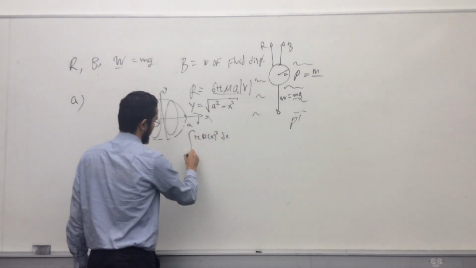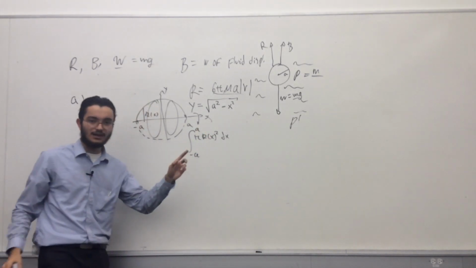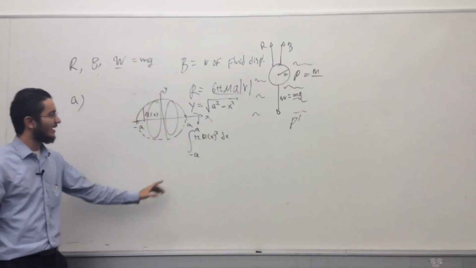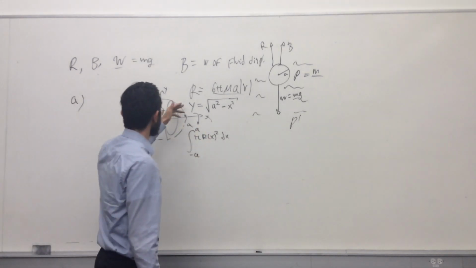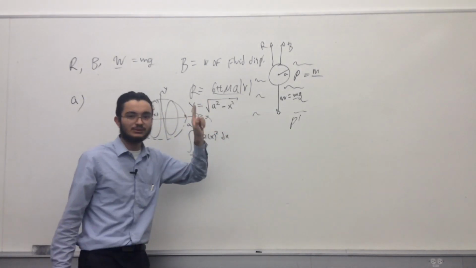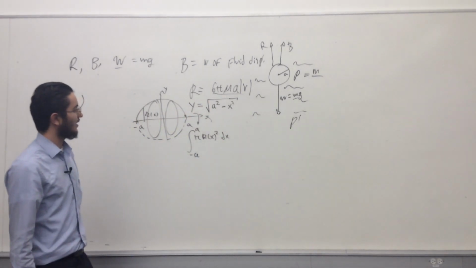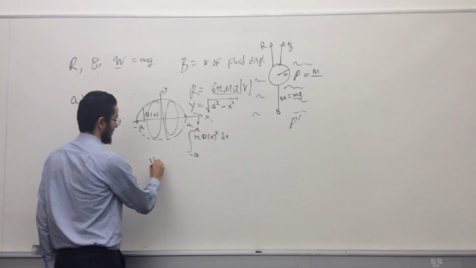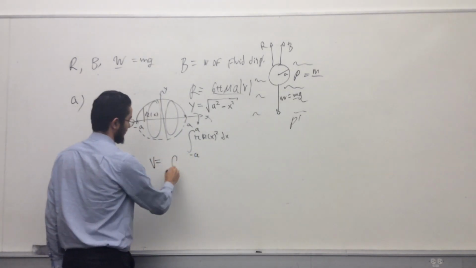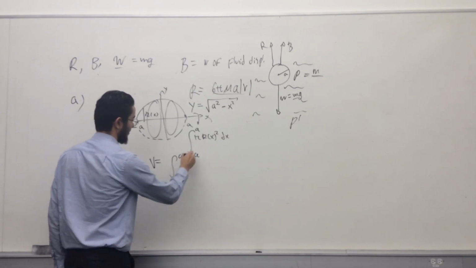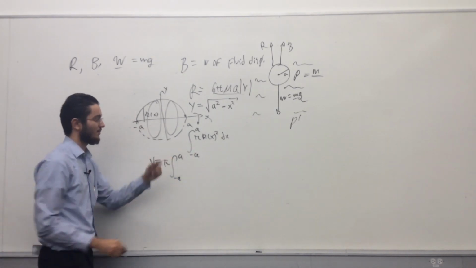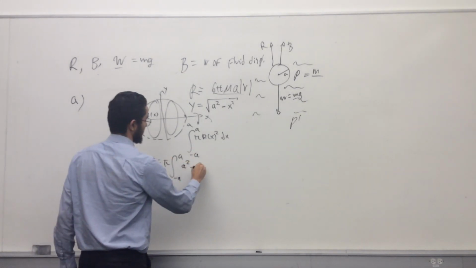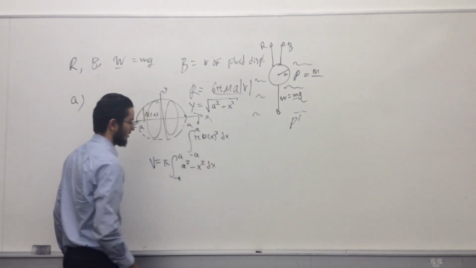So the integral from negative a to a of pi r of x squared dx, and of course r of x squared in this case should be y equals the square root of a squared minus x squared. So we have something like this. We got that the volume of the sphere is going to be the integral from negative a to a. We can bring the pi out, of a squared minus x squared dx.